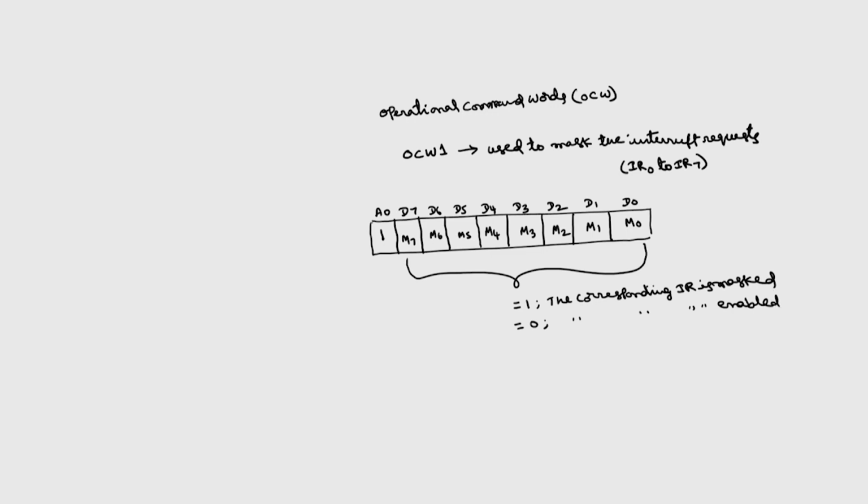If I take an example, I want to enable IR5 and IR6 and mask the remaining IRs.